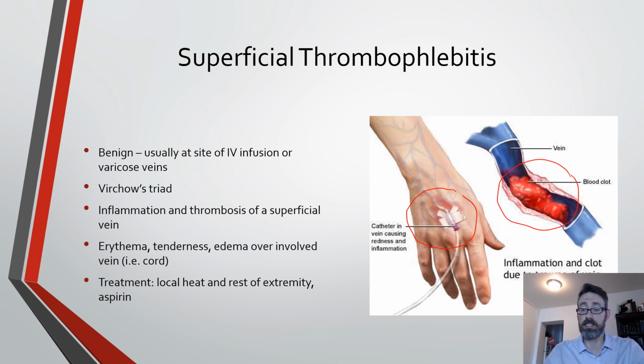It could also be a sign of an occult malignancy. In certain malignant diseases, like of the pancreas, for example, it can result in something called a migratory superficial venous thrombophlebitis, and it can look similar to that. But again, in most cases, you'd be able to diagnose it straight up just by knowing that it's at the IV site, for example.